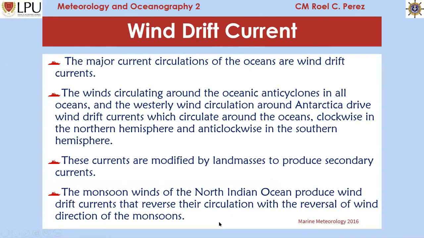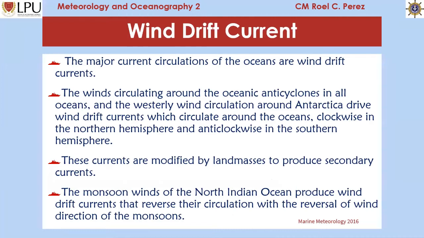Okay, wind drift current. The major current circulation of the oceans are wind drift currents. The wind circulating around the oceanic anticyclones in all oceans and the westerly wind circulation around Antarctica drive wind drift currents which circulate around the oceans, clockwise in the northern hemisphere and anti-clockwise in the southern hemisphere.